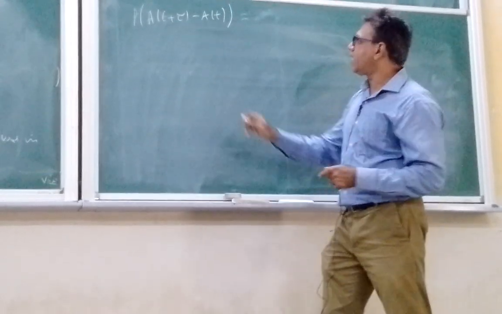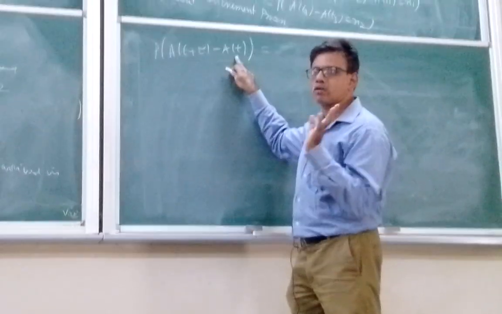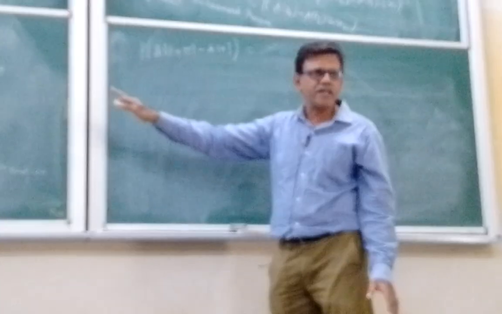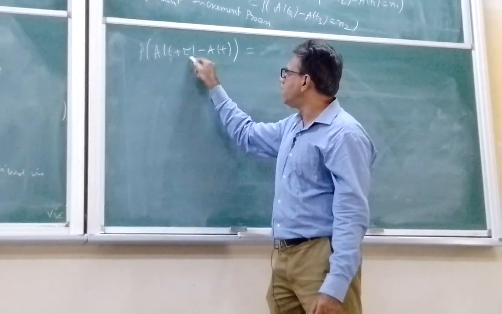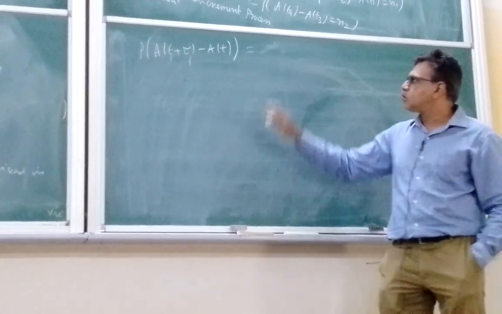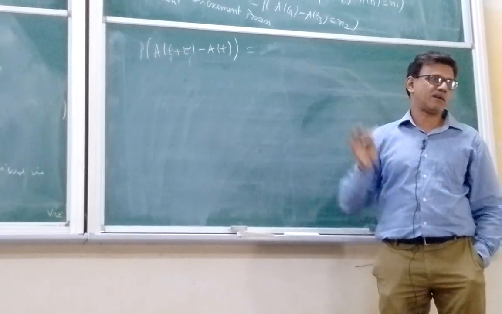Okay. So here, T plus tau minus A of T means it is an interval of size tau. When we say it is stationary, I really mean that it will not depend upon T. It is going to depend only upon tau. So this probability depends only upon the interval size and not on where it occurs.